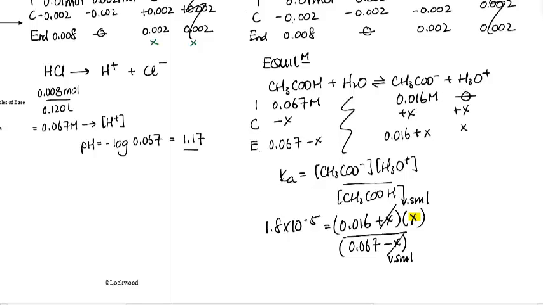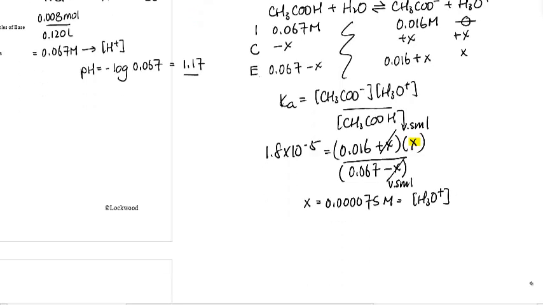So if we calculate it out, what we end up with is x is equal to 0.00075 molar, which is equal to our hydronium ion concentration. And so when we find the pH over here, it's going to be negative log 0.000075, and we end up with 4.12.